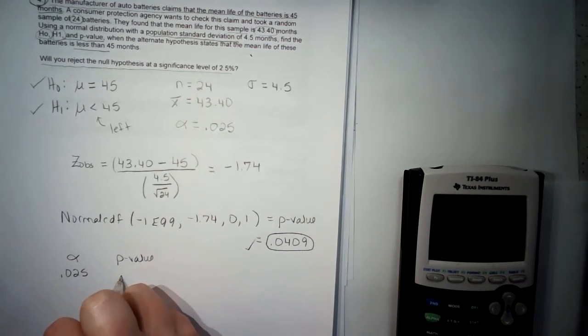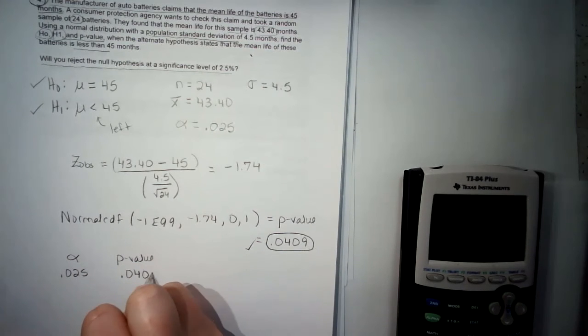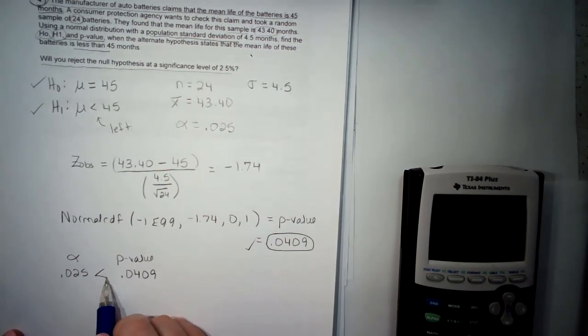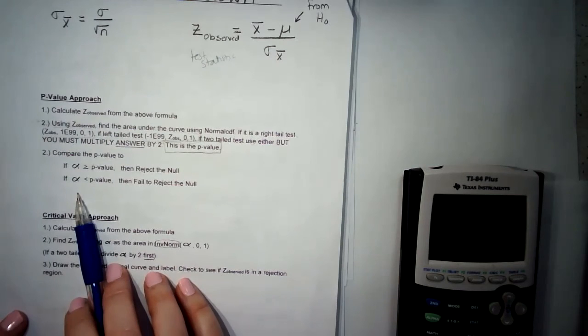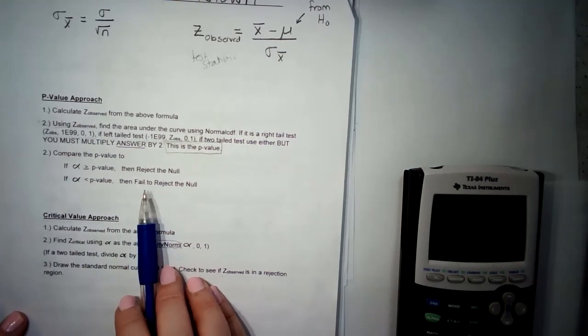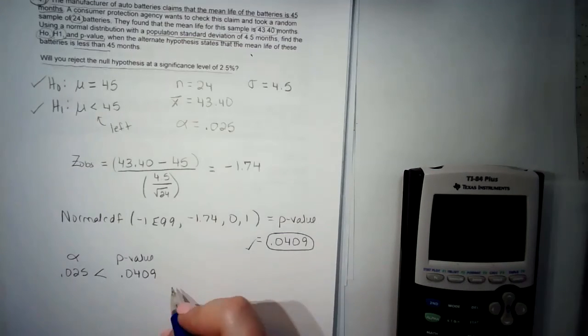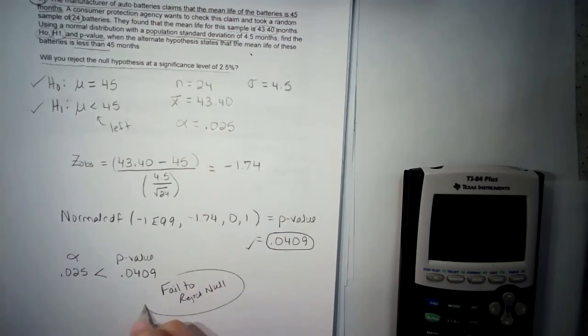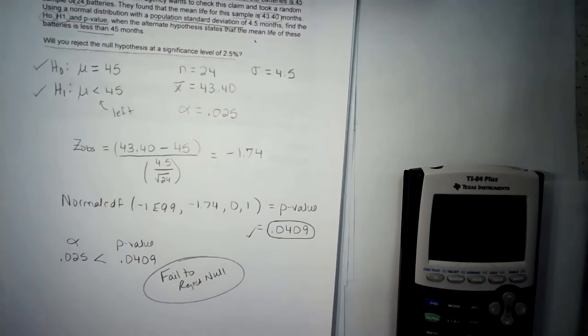We have a p-value of 0.0409. What do we think? Alpha smaller or bigger? Smaller. And according to this, if alpha is smaller, you fail to reject the null. Okay. And there you go. Is that one okay?